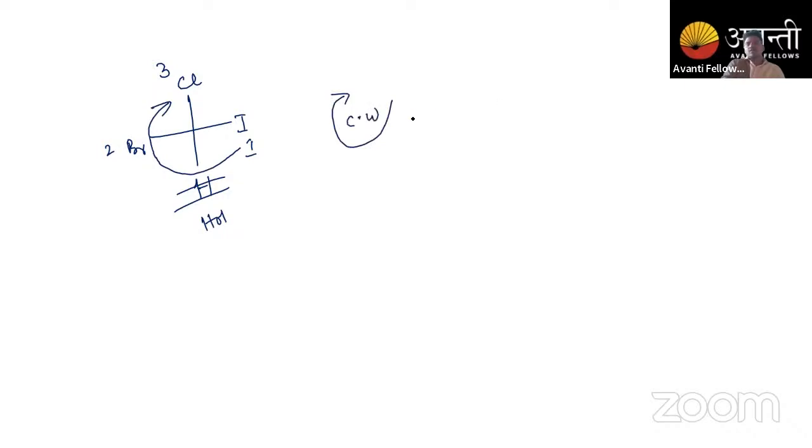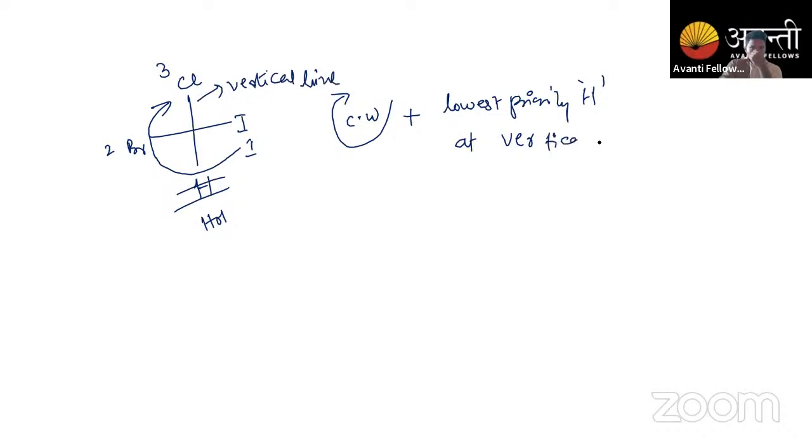And with the clockwise rotation plus lowest priority, that is hydrogen, at the vertical line, you can see this is the vertical line, then you are going to get the R configuration.